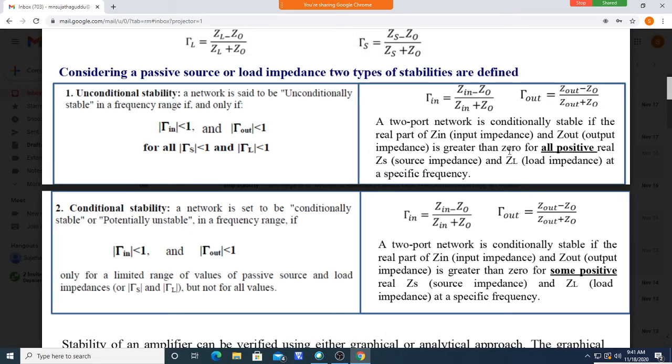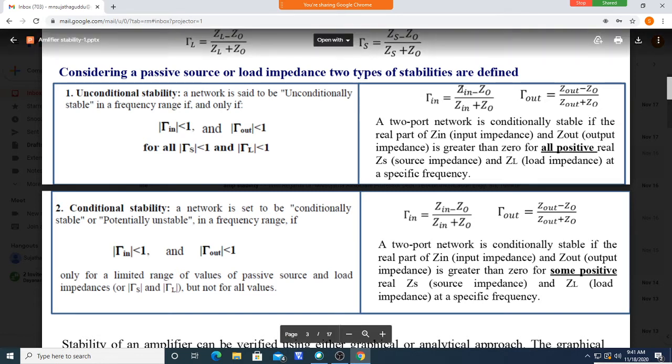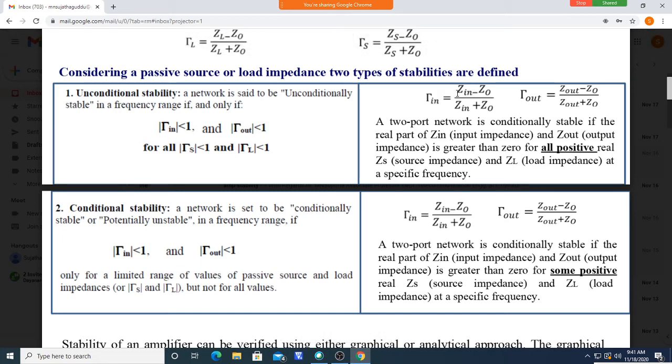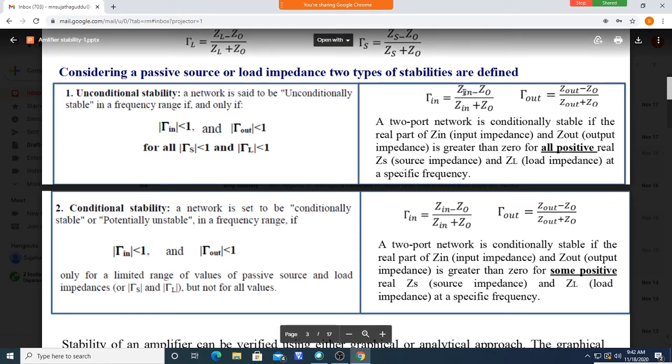If the resistance value is negative, what happens? If the real part of this Zin is less than 0, that is a negative value.